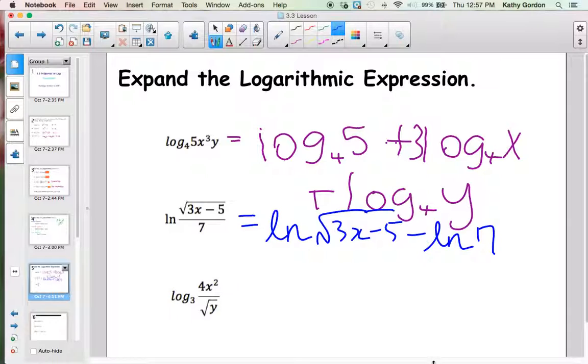So if we think about this as really being (3x minus 5) to the 1/2, then what else can we do to expand this? The power property.